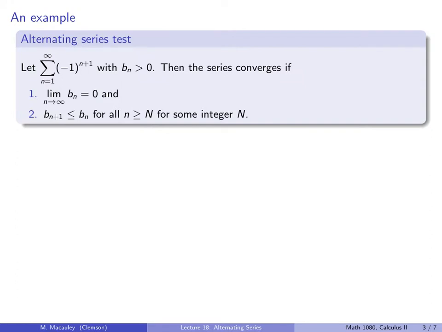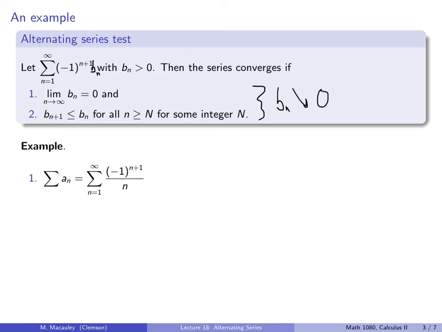Again, let me do some examples. I've got to fix that error. That's a b_n, and I'm going to summarize this as saying b_n decreases to 0. So here we can apply the alternating series test for this series.